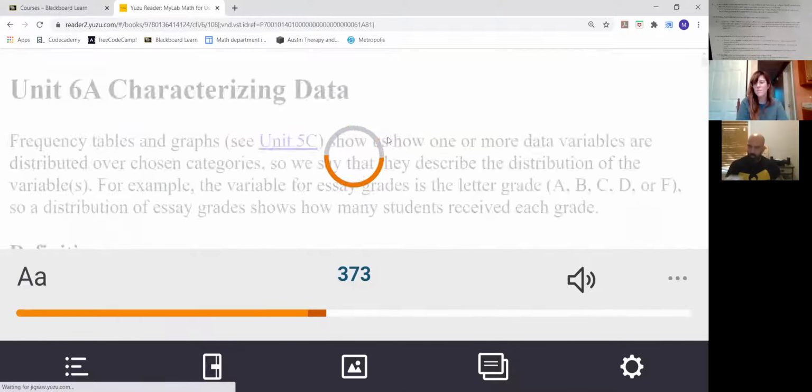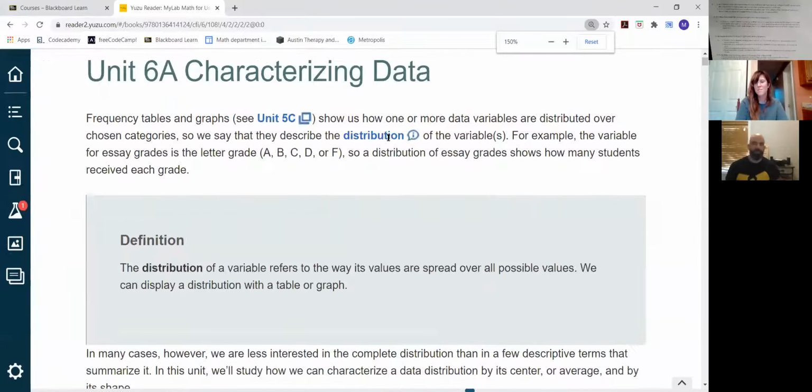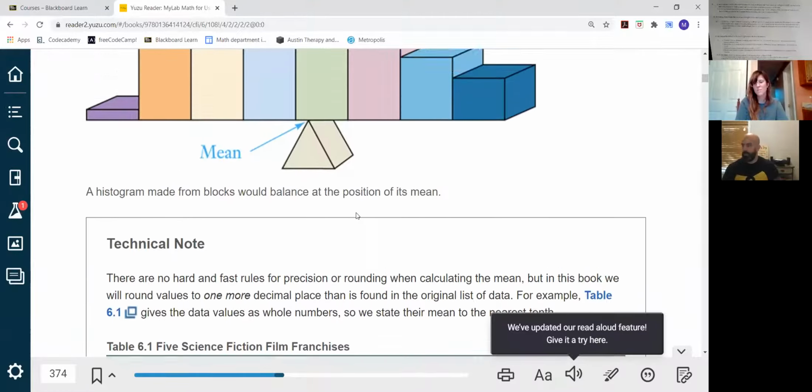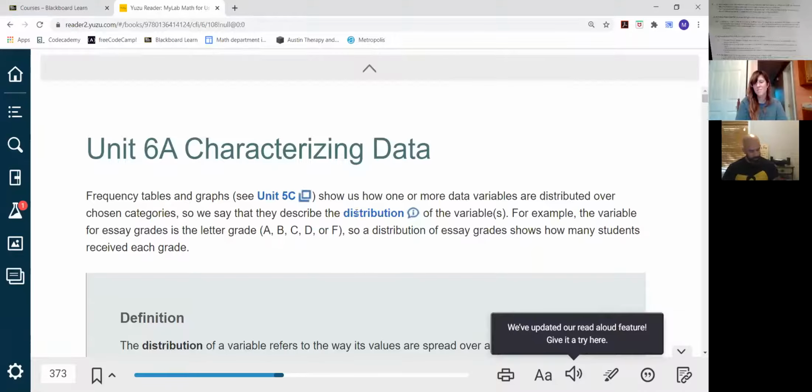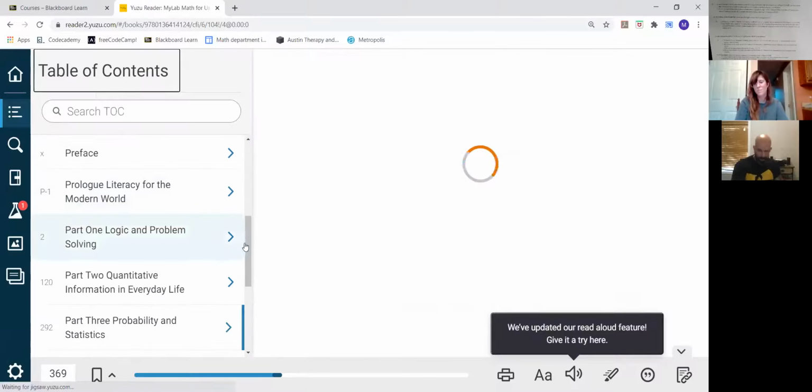No, don't go anymore. It's just stuck zooming. Don't do that. What are you doing? Technology is fighting back. Am I in the right chapter still? How did I get 6A? What is happening?